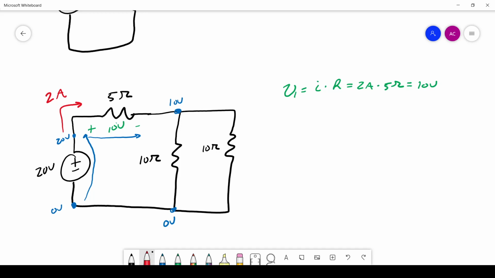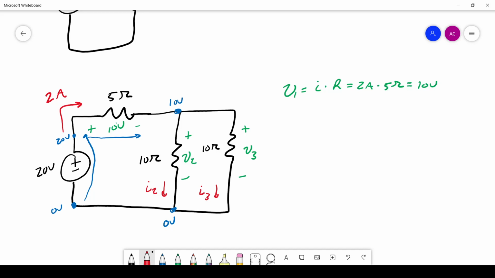All we have to do is, let me use the green again, I'll call this one V2 and this one V3. And then I'll use red for current. I'll call this one I2, call this one I3.